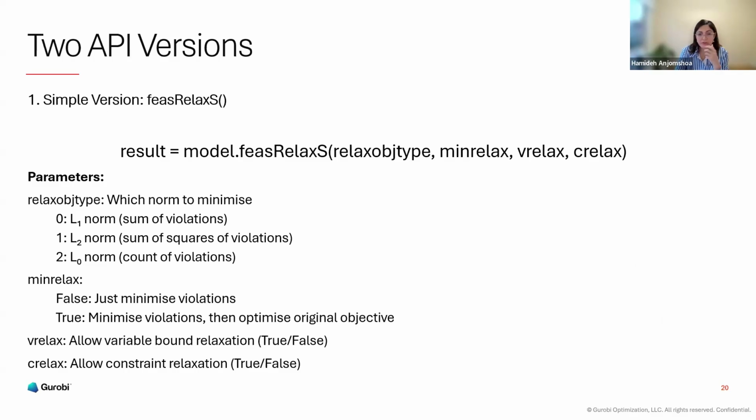You can think about whether you want to minimize the sum of violation, or, if you put number one, the sum of squares of violation. And the third option is the count of violation.